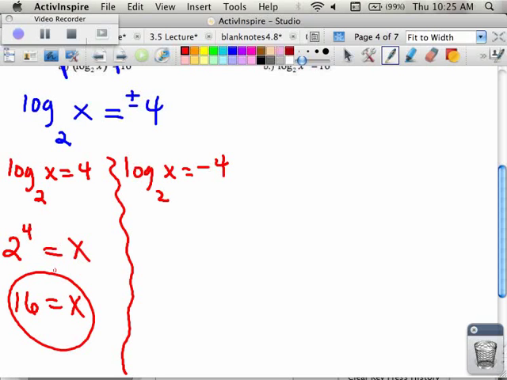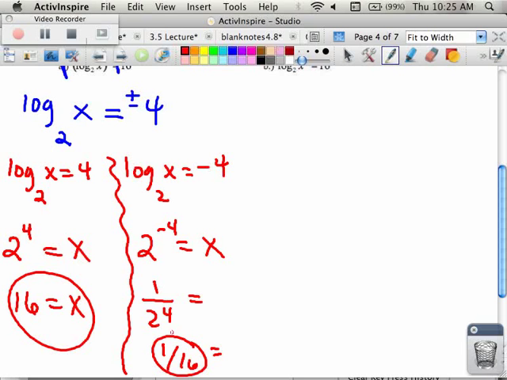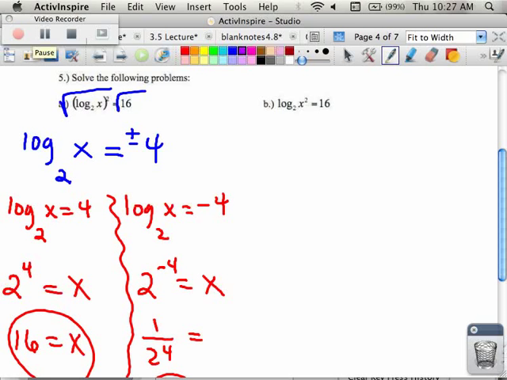Okay. Second one, Ben again. One 16th. In B, I have 2 to the 16th power equals x squared.